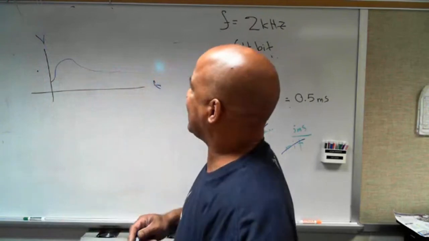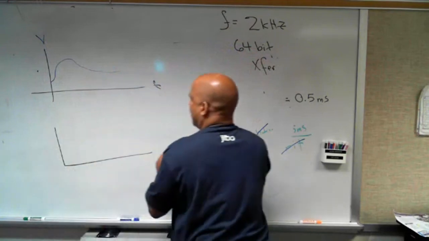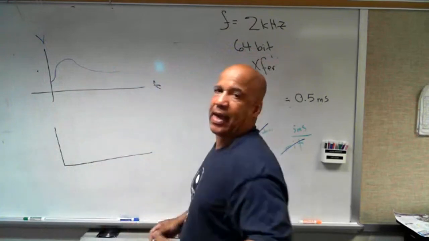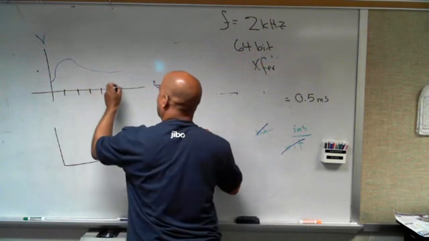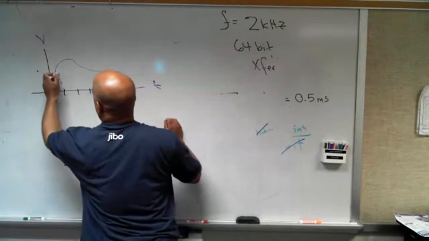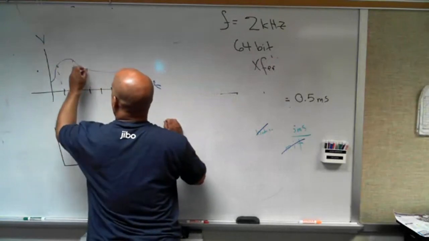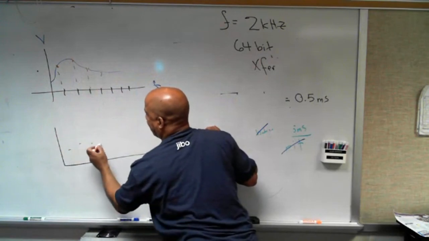If I want to digitize it, that's the process that we talk about. What I have to do is I got to sample it at regular intervals. So let's say I sample it every whatever these intervals are. So I take a data point right here. I take one right here. I take one right here. I take these data points, and I replace those data points down here.